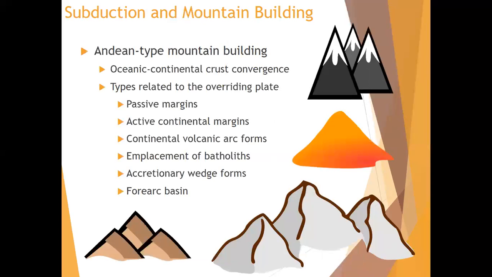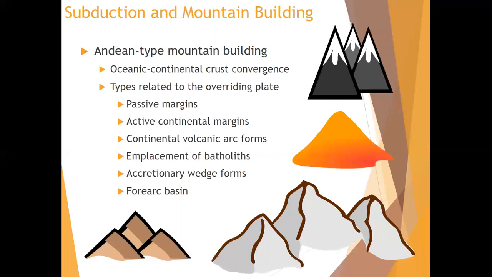Then there's really the Andes type mountain building. While the Andes Mountains are formed in part by magmatic activity, they're a special type of this occurring at the oceanic continental crust convergence.